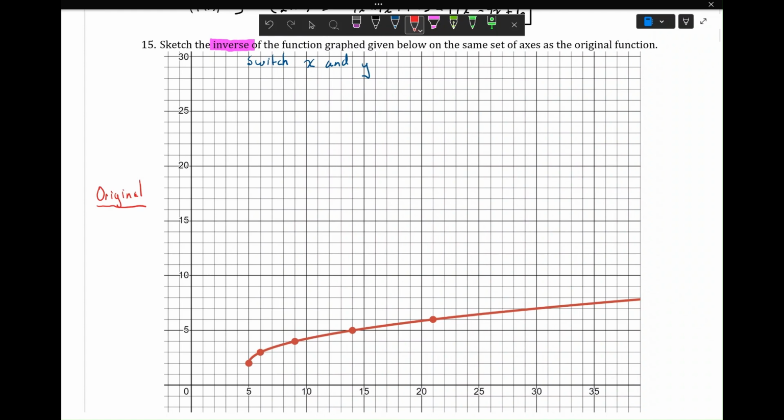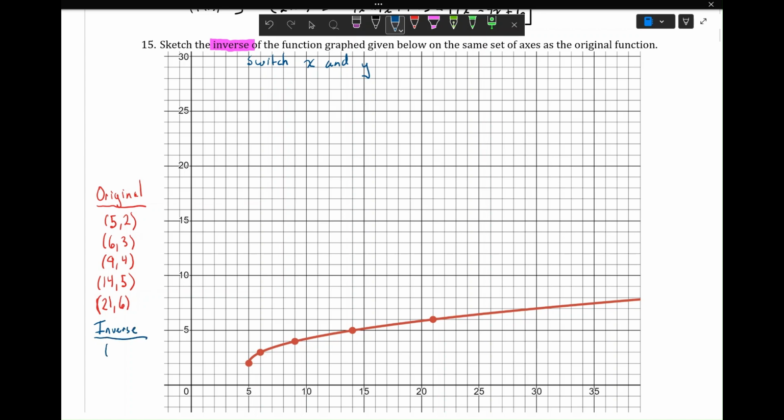So on the original, it looks like I go through the point 5, 2, the point 6, 3, the point 9, 4, the point 14, 5, and the point 21, 6. So that means in my inverse, if I switch x and y in those points, they'll be on the inverse.